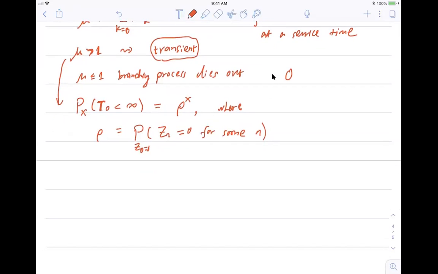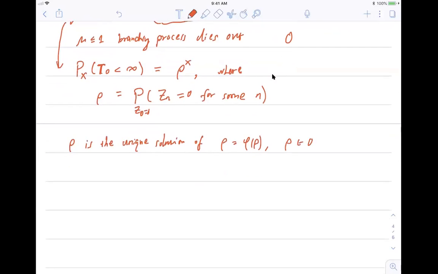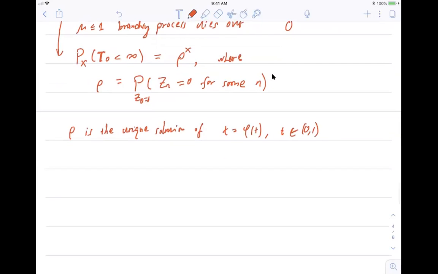And from a theorem proved earlier, rho is the unique solution of rho equals phi of rho, with rho in (0, 1), where phi is the generating function for this branching process.